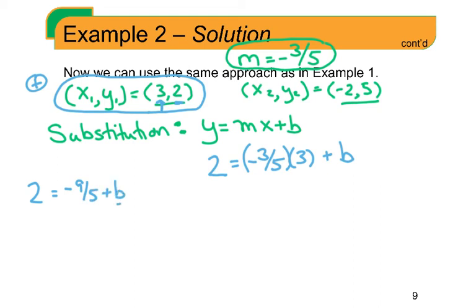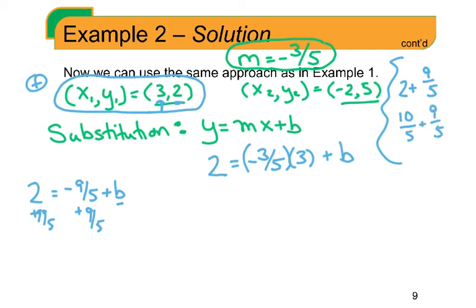We're solving for b, so add 9/5 to both sides. And what do we get? Well, maybe we have to do a little scratch work over here. 2 plus 9/5, that's the same thing as 10/5 plus 9/5. So b has to equal 19/5.